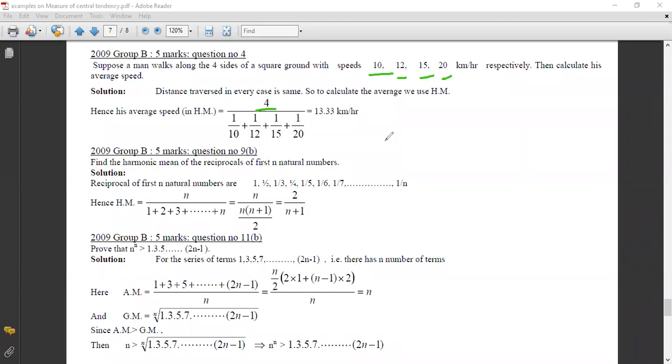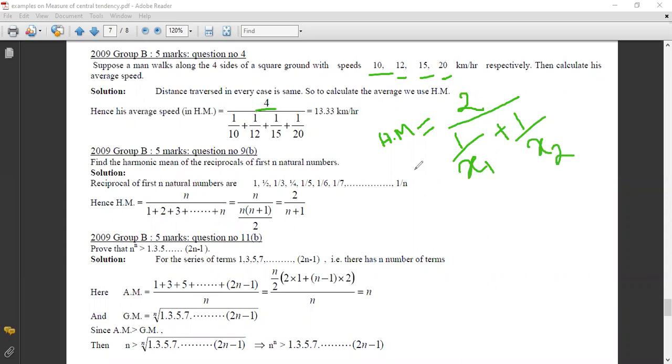So this is the formula for HM. For any two items x1 and x2, the HM will be 2 by 1 by x1 plus 1 by x2. This is the definite formula for the harmonic mean.